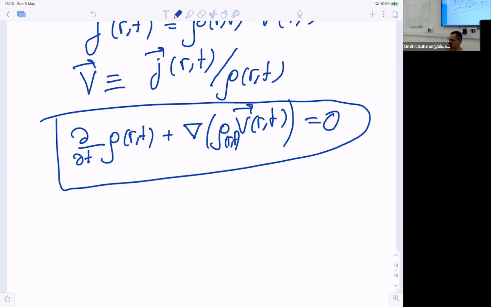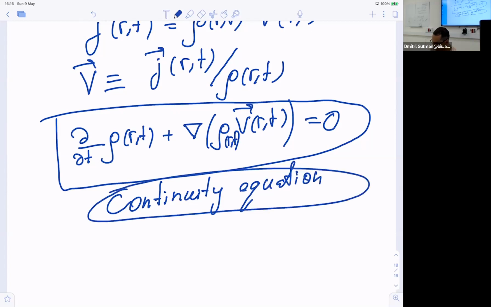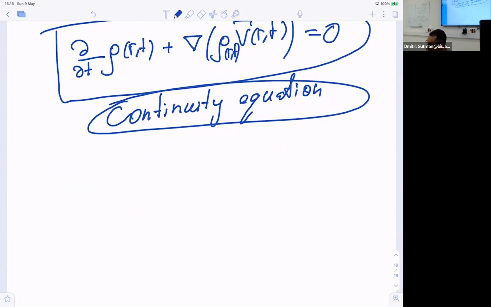Altogether, we need to have 3 equations that correspond to the particle, momentum and energy conservation. We got the first one relatively easy. Okay, so now we will try to derive Navier-Stokes. So this is something that's called the continuity equation in the hydrodynamic textbooks.